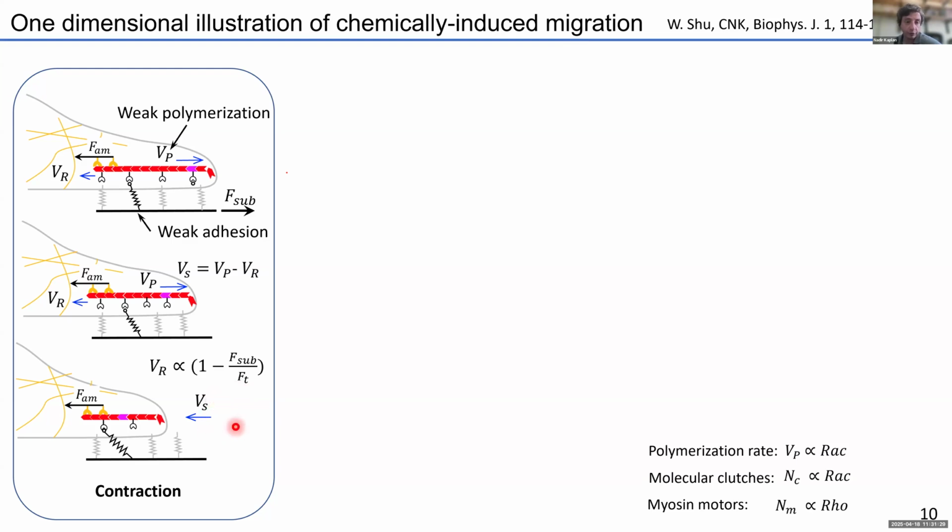So the weak adhesion amplifies this retrograde flow. There's a coupling, and the result is a contraction as shown here.